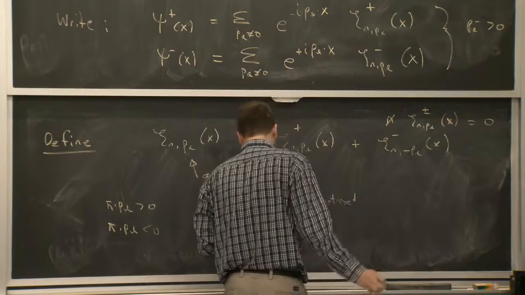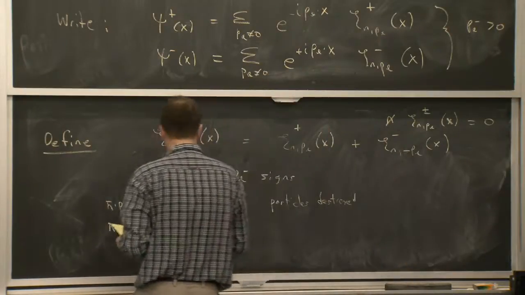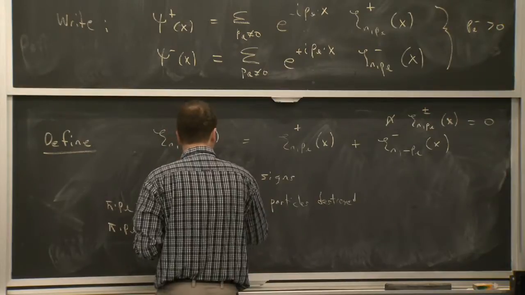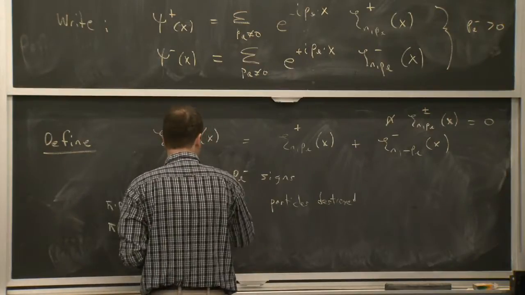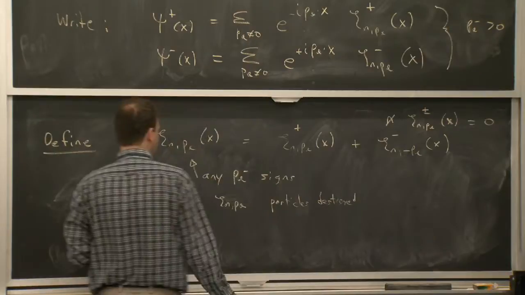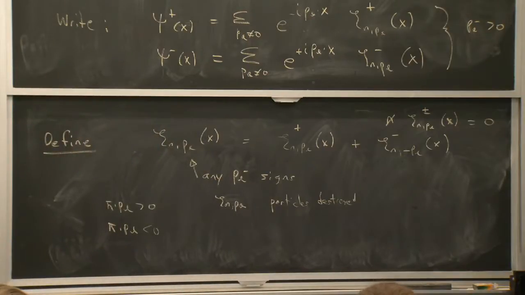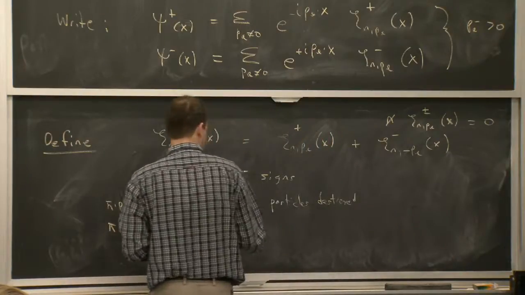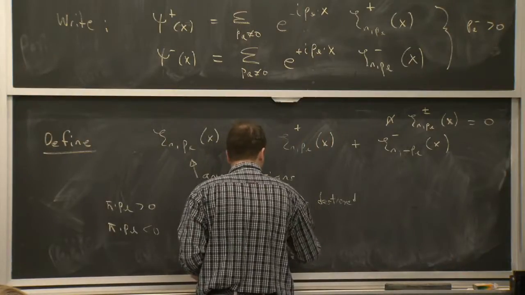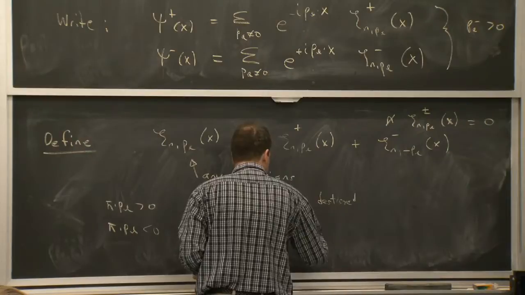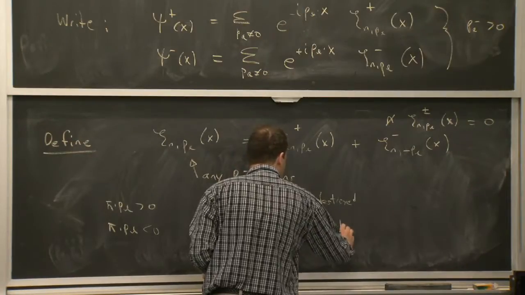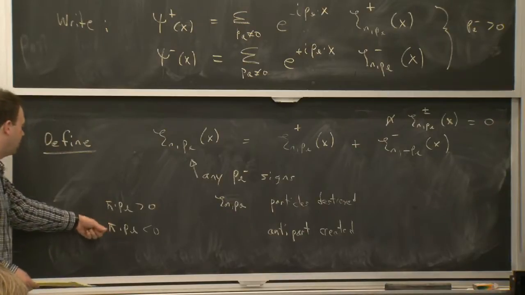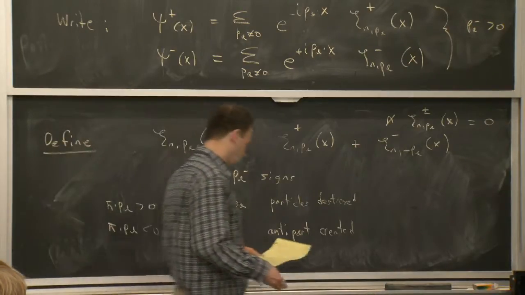Let's say, if I think about what the field is doing, it's destroying particles and the antiparticles are created, but the antiparticles are going to be created for the opposite sign of the PL, okay?